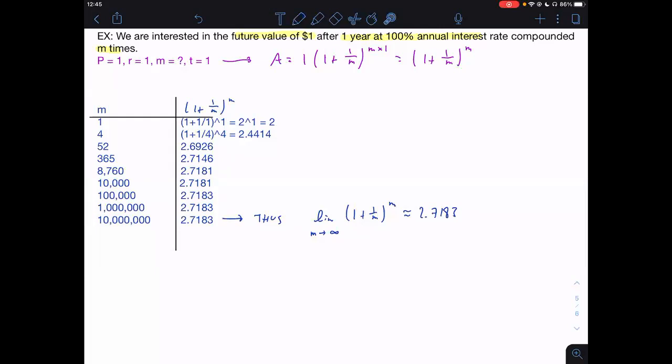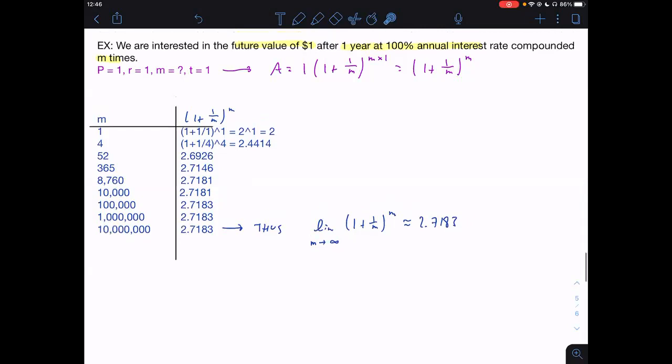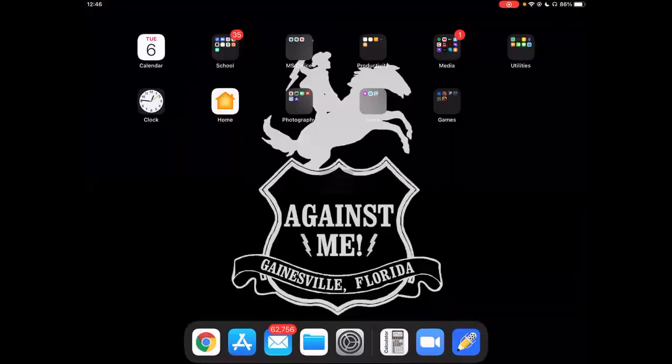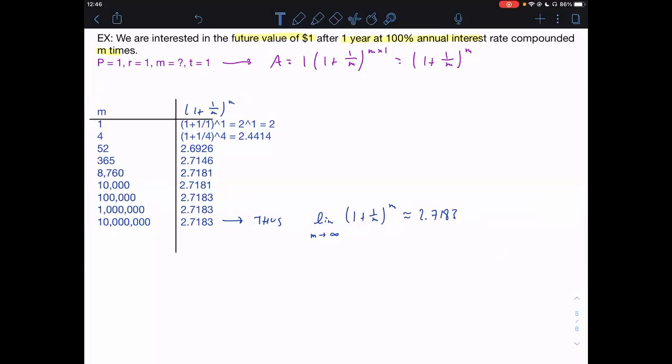What's the significance of this value, 2.7183? Well, that is the value of that special number in math known as e, the constant e.